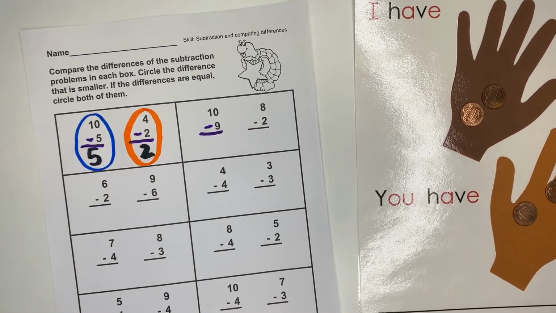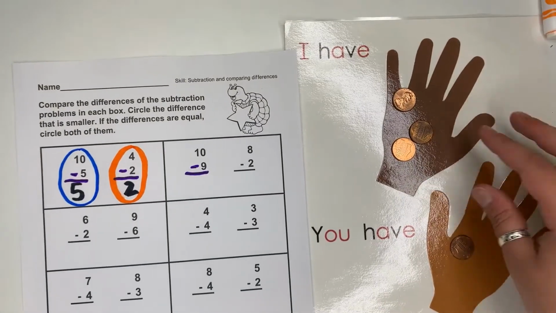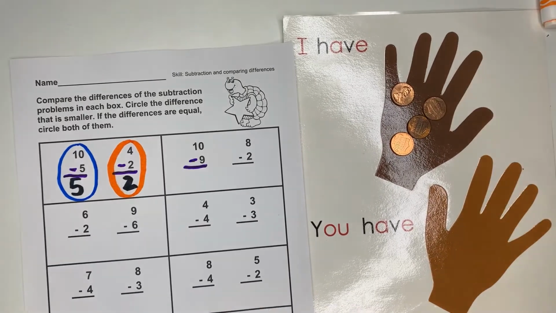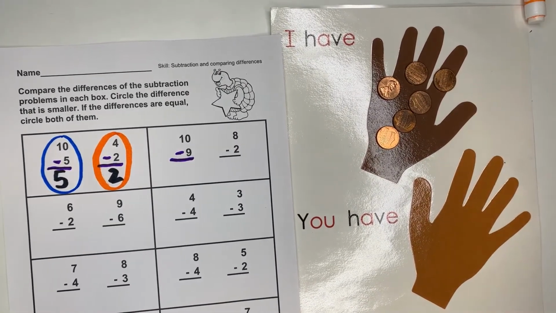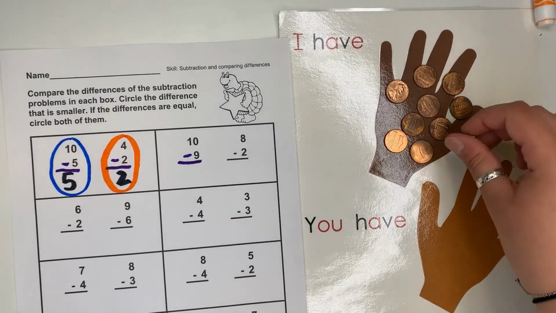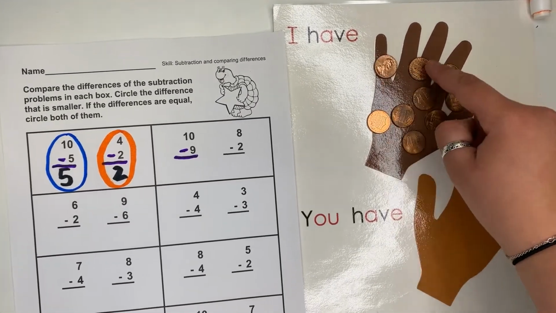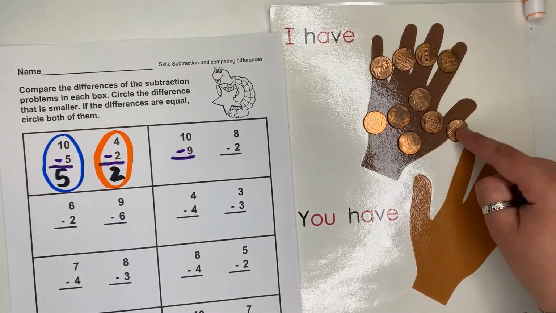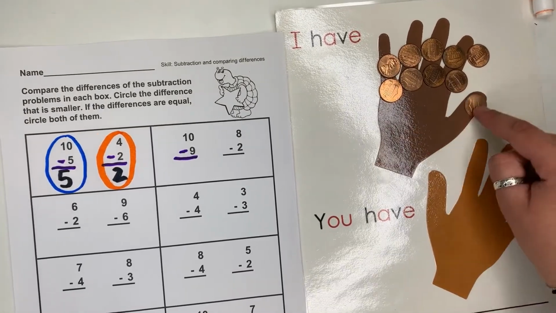I'm going to need 10 pennies. 1, 2, 3, 4, 5, 6, 7, 8, 9, 10. Double check. 1, 2, 3, 4, 5, 6, 7, 8, 9, 10.